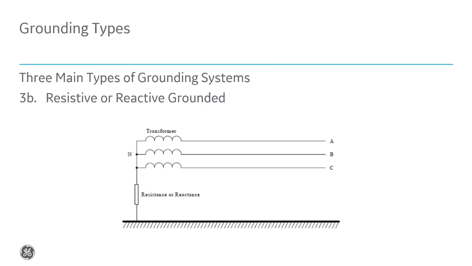So we basically get it down to manageable levels, right? And because the resistance is between the neutral point of the transformer and ground, within the transformer equipment itself, it reduces the touch and step voltage problems that we talked about.